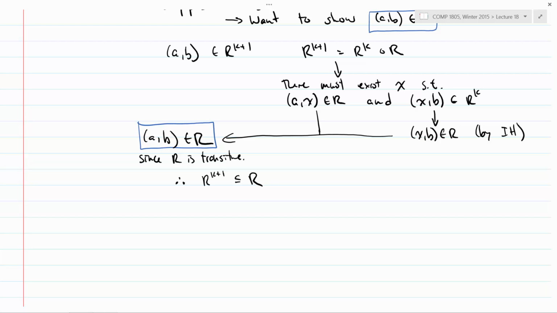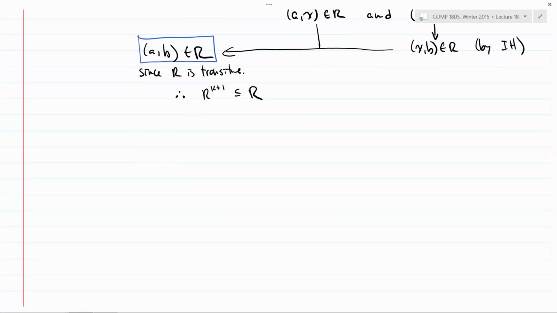That's adding as few elements as possible to guarantee that it's reflexive. And for the transitive closure, that's adding as few elements as possible to guarantee that it's transitive. And we want to do this so that the relation looks as close to the original relation as it can, but it has these properties. So that's the idea of a closure of a relation. So I'm going to start with the easy one, and that's the reflexive closure.